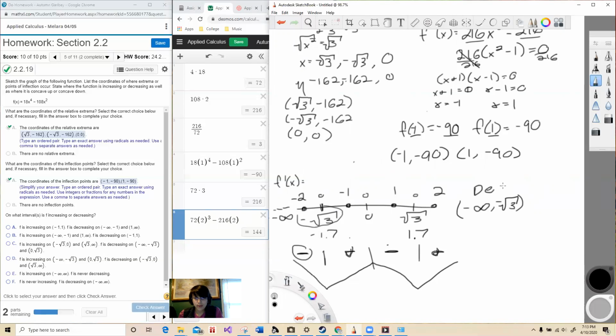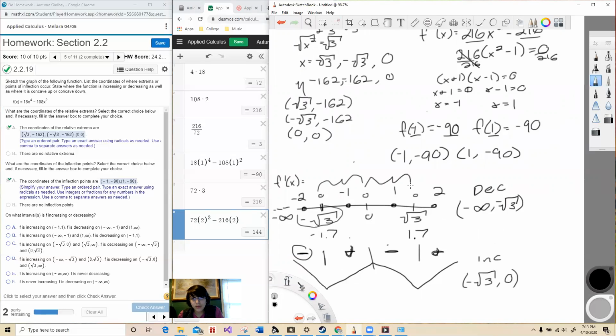And in this interval, from negative root 3 to 0, we have a positive slope. It's increasing. What about the next one?